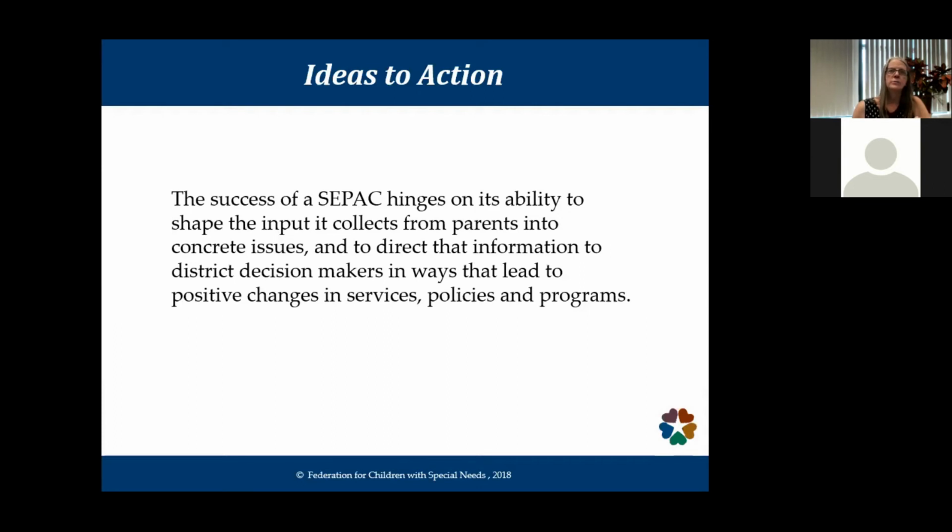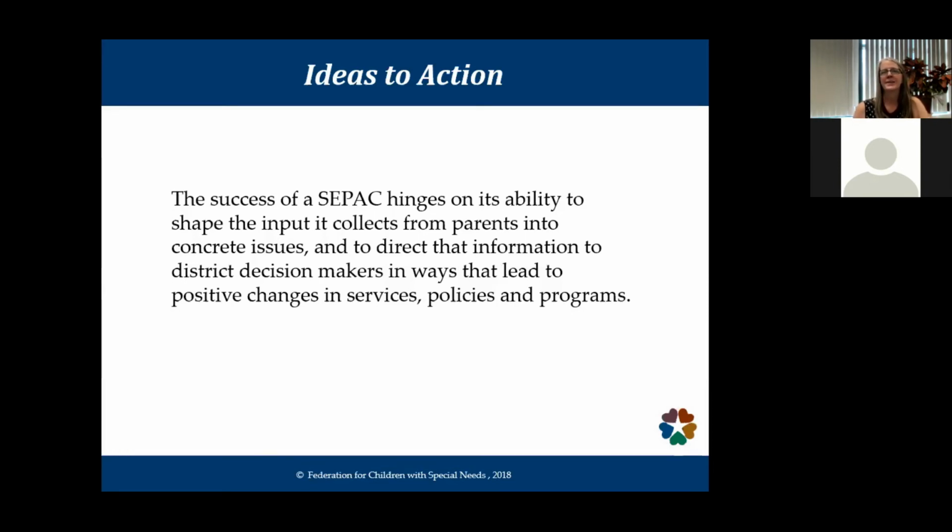They have to use the time in front of the decision makers well, and know that resources from the district are going to be put into any new initiatives and new directions, so that how can we do this? How can we make things happen? Because we want to see positive change in the district.